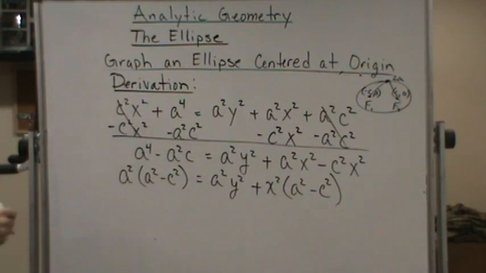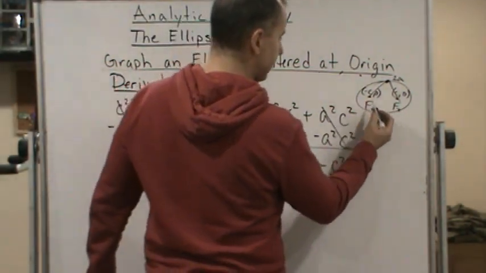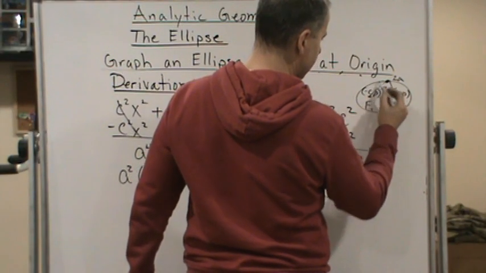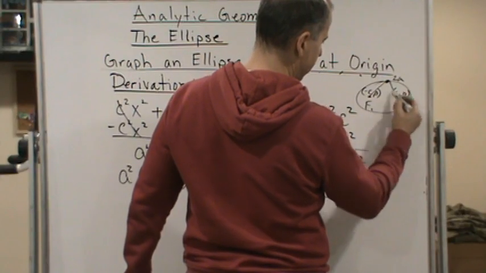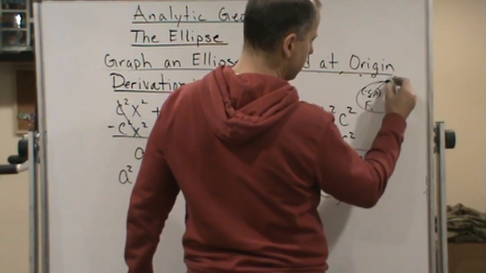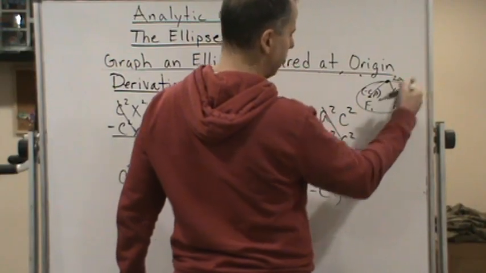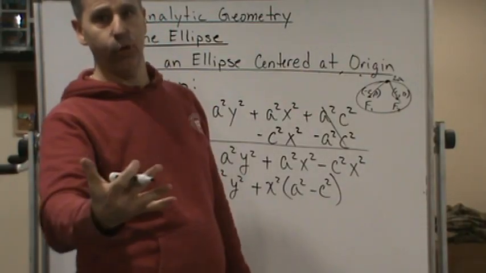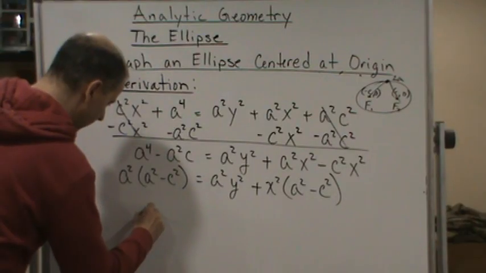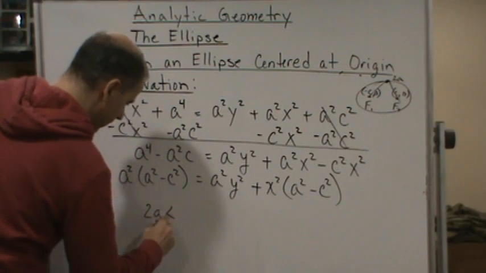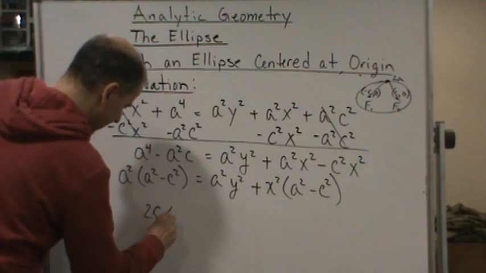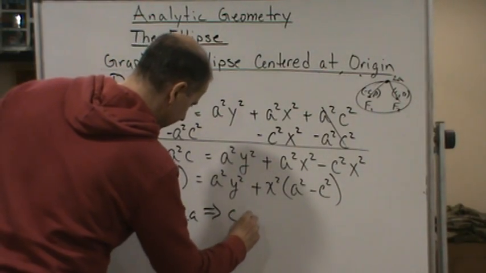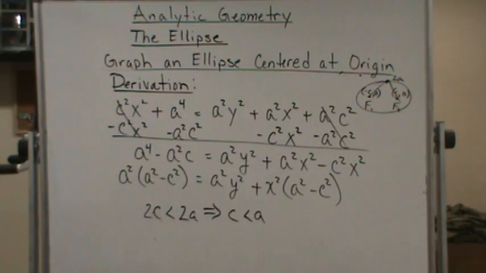Okay, now we know again from the diagram that this distance has to be less than the sum of the two distances, 2a. It's obvious from the diagram we've talked about before, 2c has to be less than 2a, which implies that c is less than a.